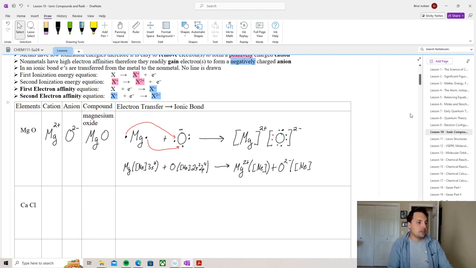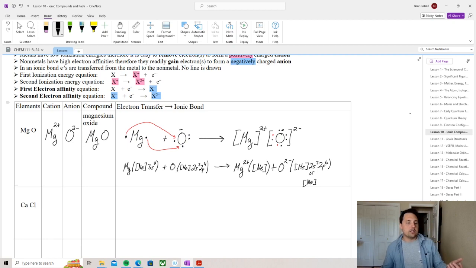That is, neon has helium 2s2, 2p6. I think maybe we can write it like that. Let's do that. Helium 2s2, 2p6, or we could write neon.